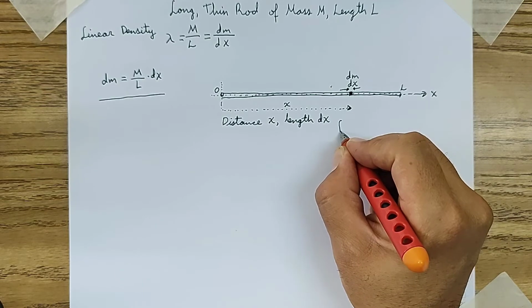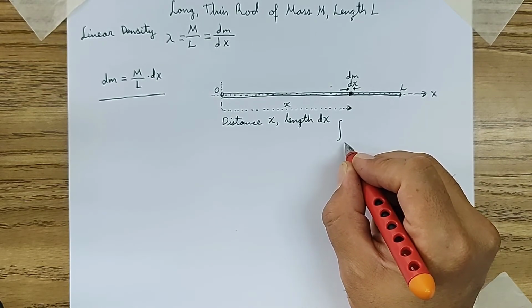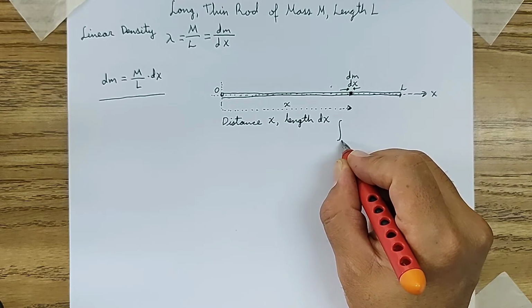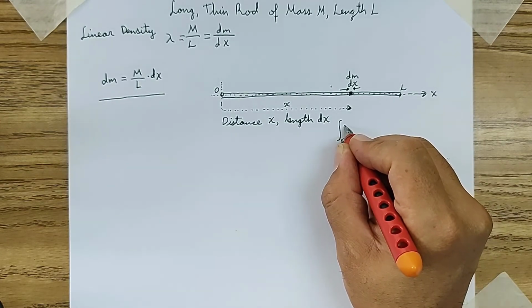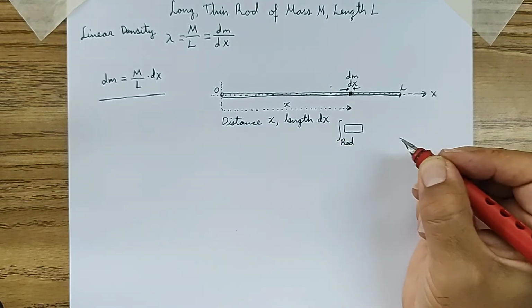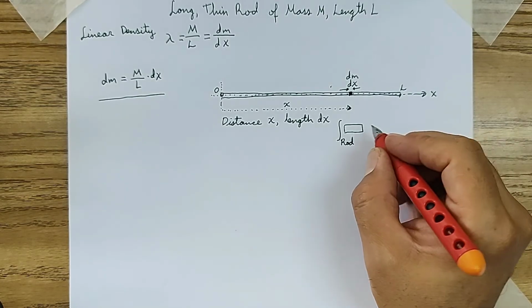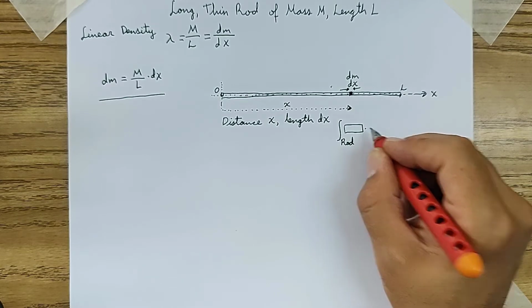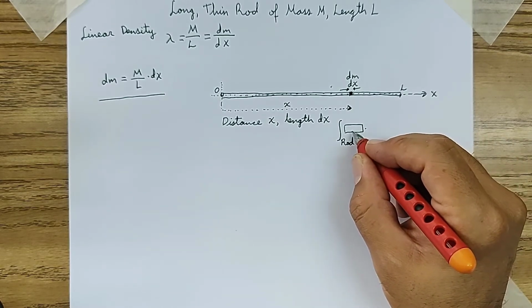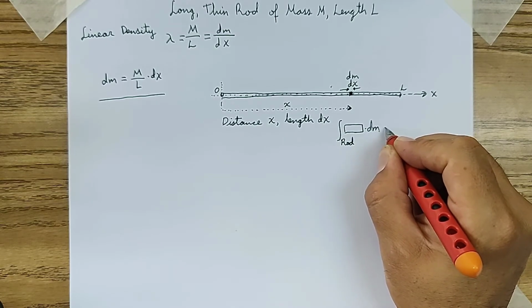All of those cases include integrals where you want to go along all of the objects. So you want to integrate throughout the rod some function that varies depending on what is it that you are actually calculating. It could be the center of mass, or it could be the moment of inertia. But that function is related to the mass differential dm.